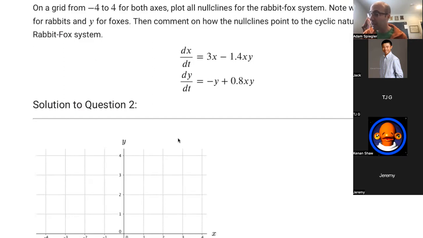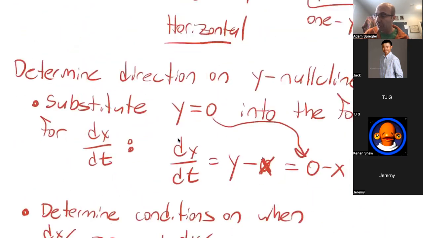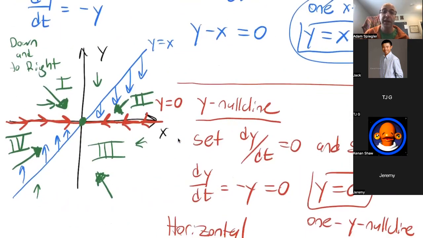So the idea here is let's find the X and the Y nullclines, and let's plot those nullclines and the direction on those nullclines. What I don't want is a picture like the full slope field. I'm looking for a picture more like this over here, where we've identified nullclines, and from those nullclines, we then find the direction on those nullclines.